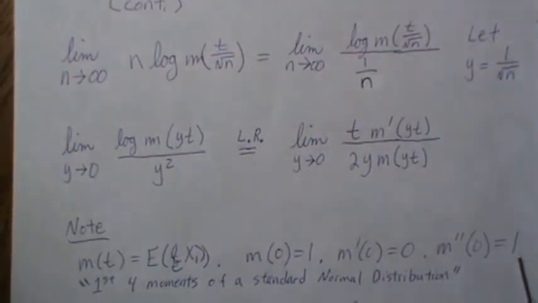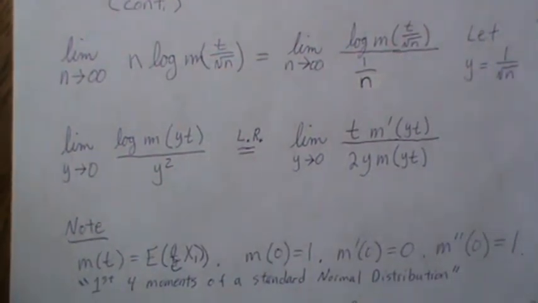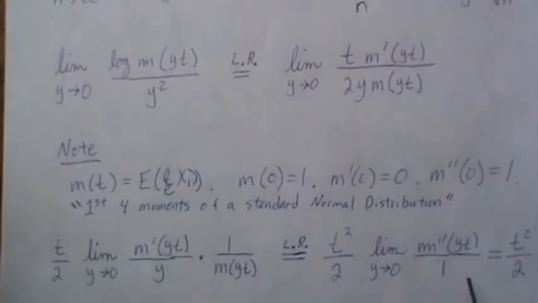So this becomes 1. And I derive these moments in a video that I called the first 4 moments of a standard normal distribution. If you want to search that, you can find the derivation.